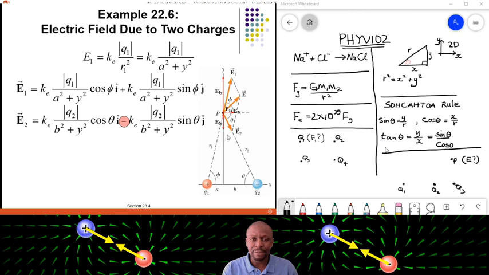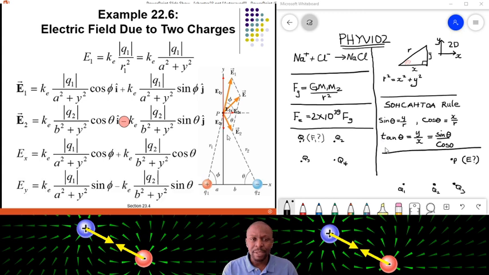So the x component of the electric field is given by this equation here, because you're just adding that to that, and the y component is given by that minus the other one. That is your x component and y component of the electric field.